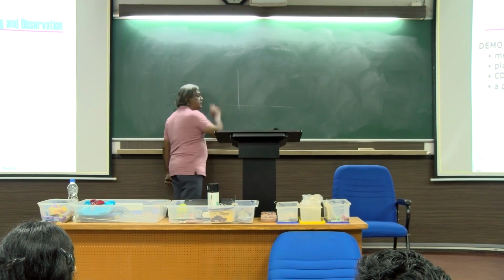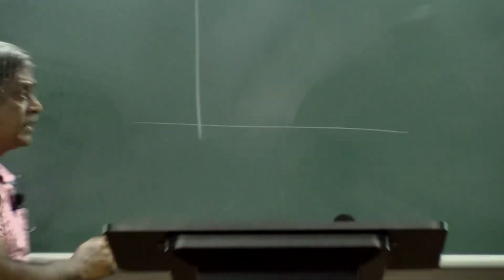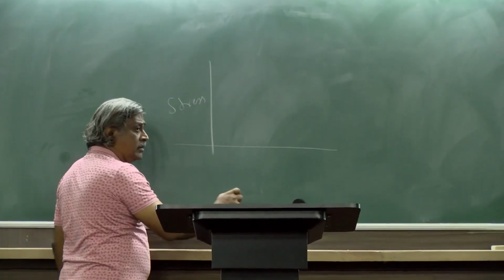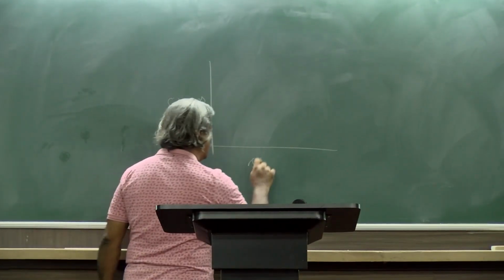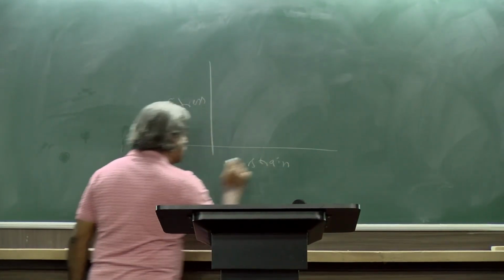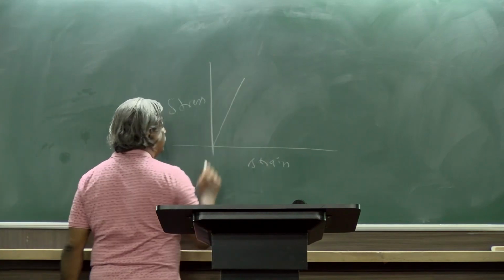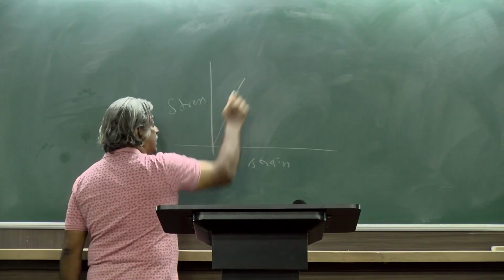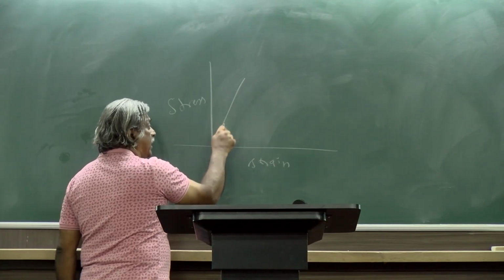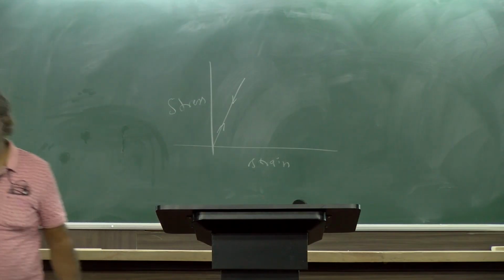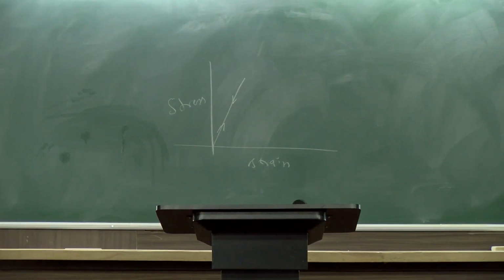What should be this axis? Stress, right? This is stress and this should be strain. All right. So what we understood so far is if it is a brittle material, within this region, if I apply and remove the stress, it comes back elastic, right?